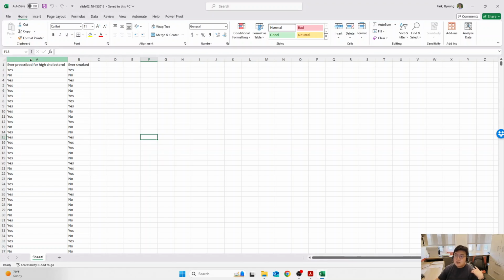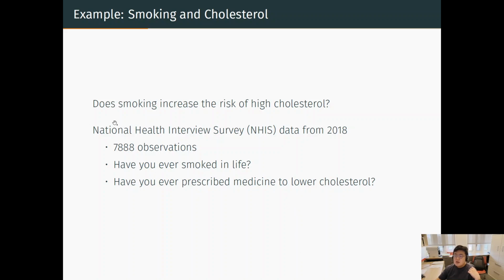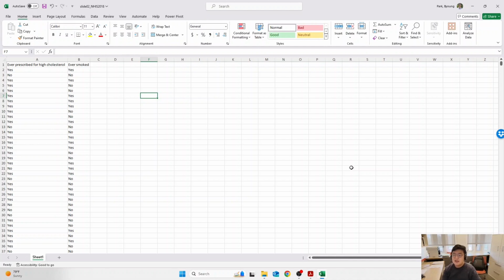I take only two variables: whether a person is prescribed for high cholesterol, and whether that person has ever smoked or not. In the original data, there are really various categories and very interesting data, so it's worth a look if you're willing to do research. Anyhow, back to the data.